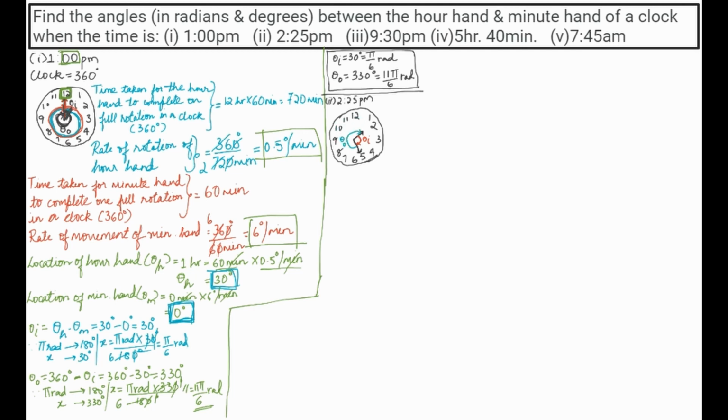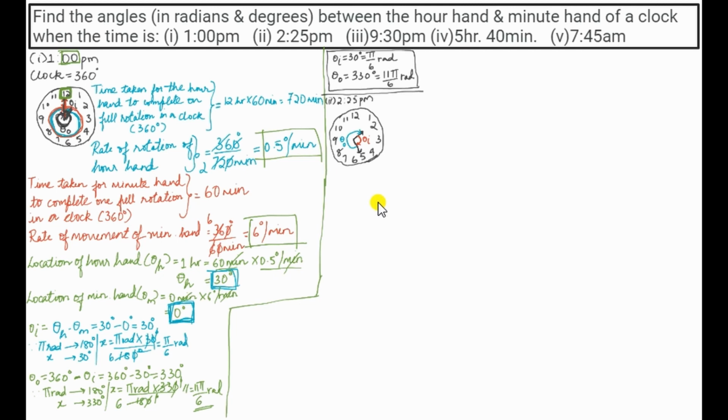So when this question is asked for each and every time given, we have to write down the data, and calculate the rate of rotation of minute hand and hour hand. Then we have to locate the position of our minute hand and hour hand.